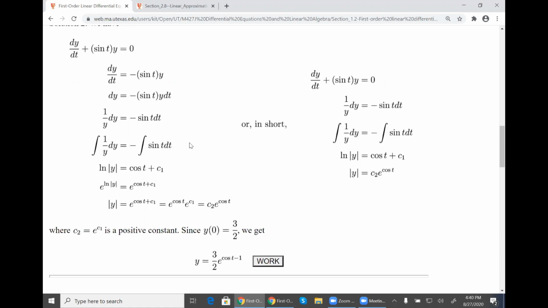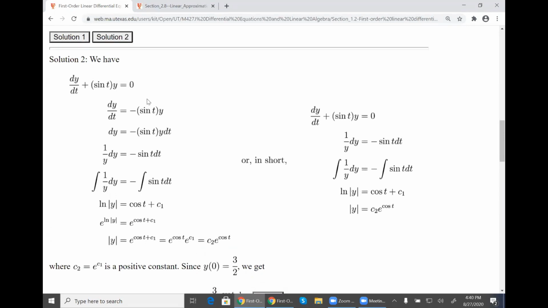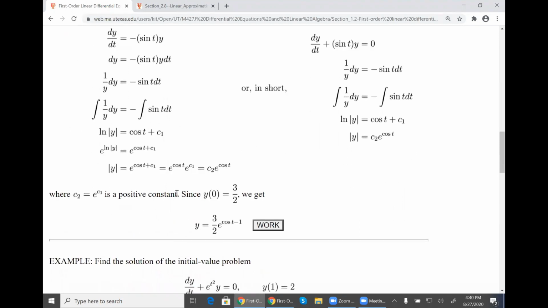Excellent point. So indeed, there are two alternative ways to solve this problem using separation of variables method. Either we use indefinite integral and then use the initial value in order to find a particular value of C, or instead of indefinite integral, we integrate from 0 to t.